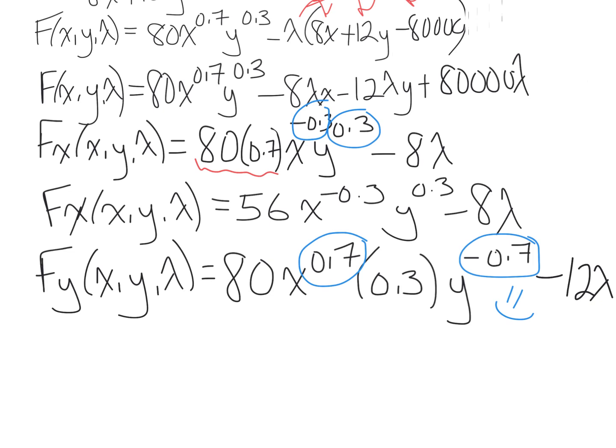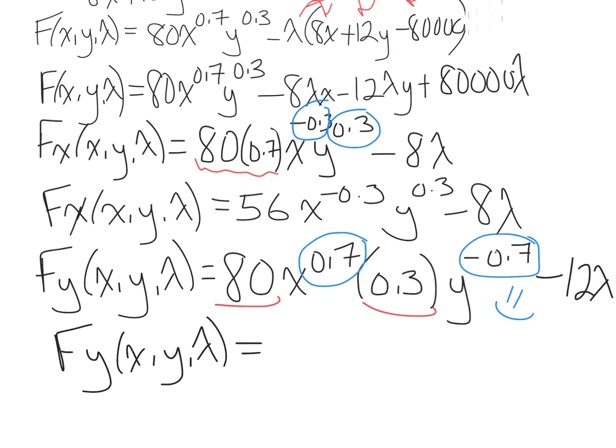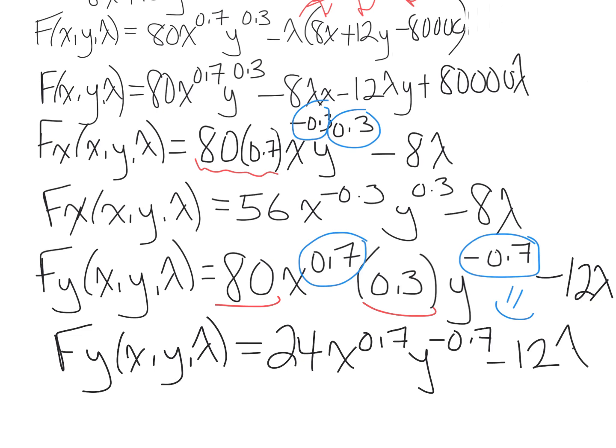I have 80 and I have 0.3, so I should do that simplification first before I move on. So 80 times 0.3, that's 24. x to the 0.7, y to the negative 0.7 minus 12 lambda. Yeah? Okay.